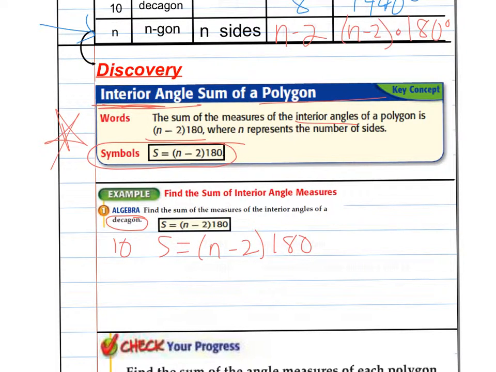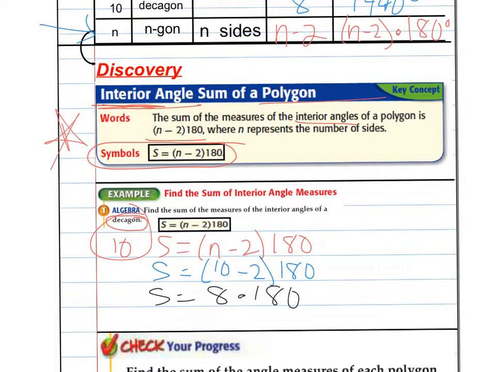We are going to fill in that a decagon is 10 sides in for n. So we get S equals 10-sided figure minus 2 times 180. So find out that there's going to be 8 triangles at 180 degrees apiece. So we find 8 times 180, and we find out that a decagon has a sum of 1440 degrees.